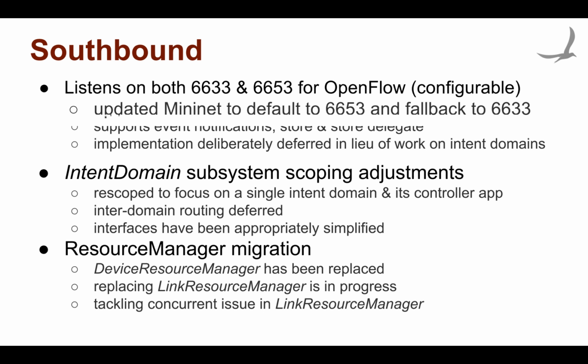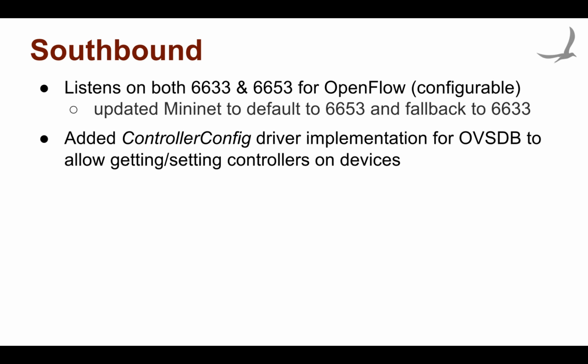This included extending the subsystem to support a virtual network provider mechanism, similar to other mechanisms, which gives us a way to plug in different implementations of the virtual networks. As part of this, we also added support for event notifications, distributed store and store delegate. Now, this is only on the API. I want to make that clear.